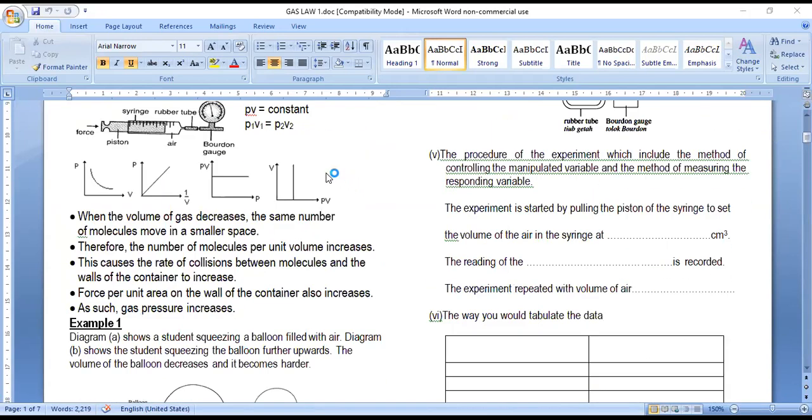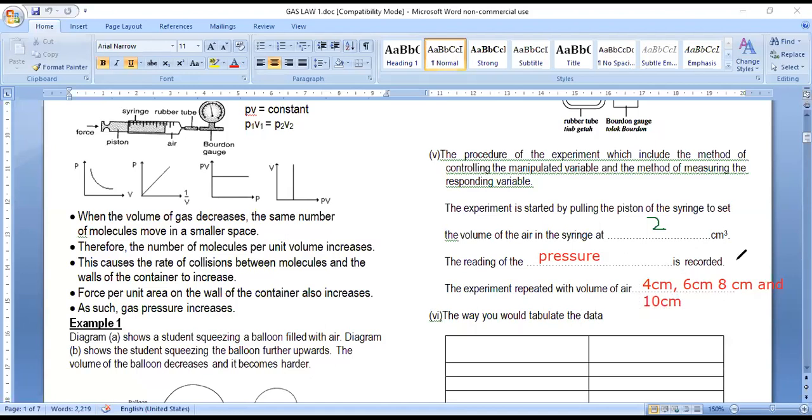So we go to the procedure. The experiment is started by pulling the piston to set the volume at, let's say, 2 cm cube, or whatever value you want. The reading of the Bourdon gauge, or the reading of the pressure, is recorded. The experiment is repeated with volume at, say, 4 cm cube, 5 cm cube, 6 cm cube, 8 cm cube, and 10 cm cube.